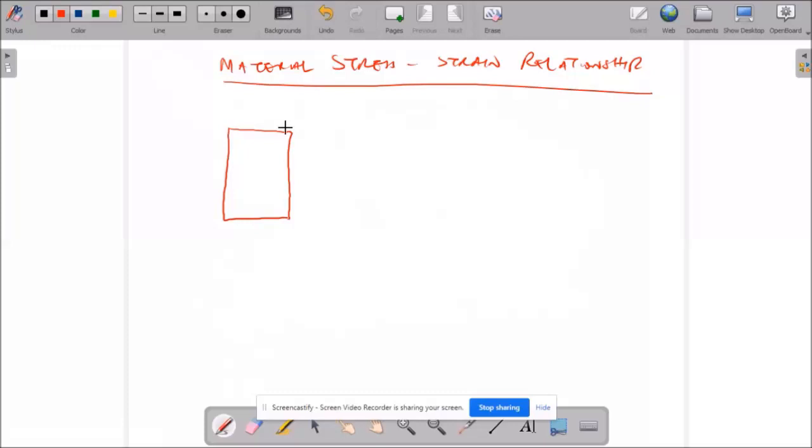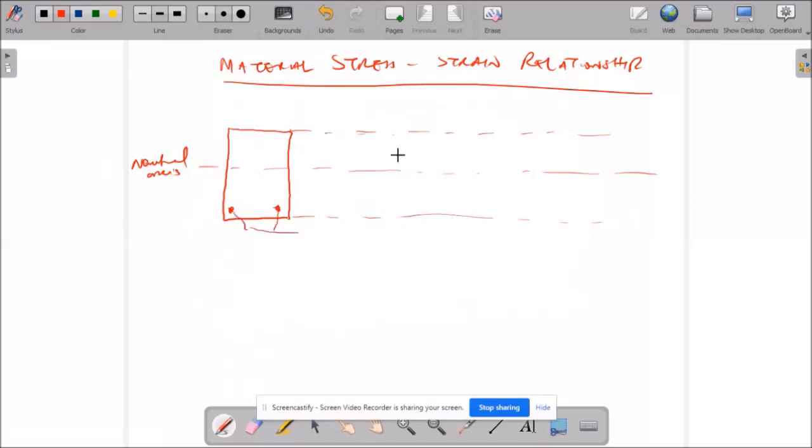Then here we have a dotted line down here and a dotted line here. Then we'll consider the neutral axis at the center. Here we call this our neutral axis. Then we have our reinforcement here.